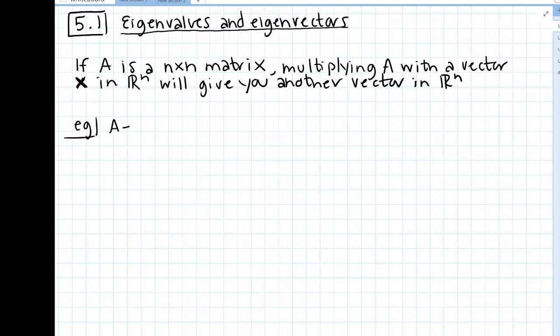So let's say that A is equal to 3, -2, 1, 0. And we're going to look at what happens when we multiply this with two different vectors. The first vector is -1, 1. And the second vector we're going to try is 2, 1.